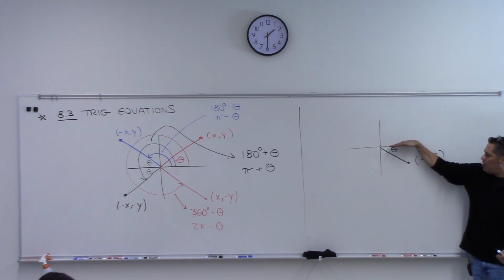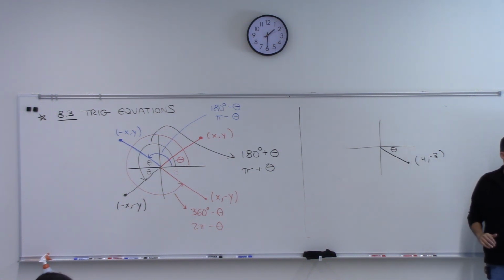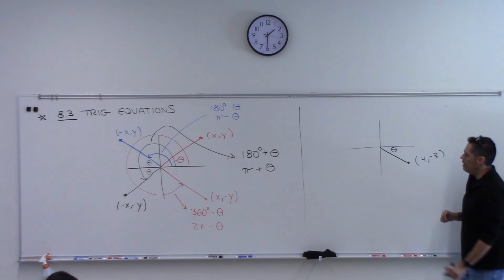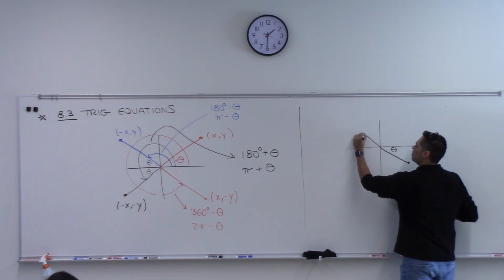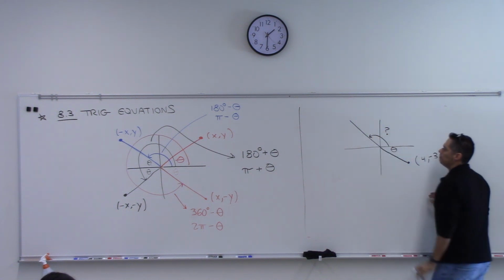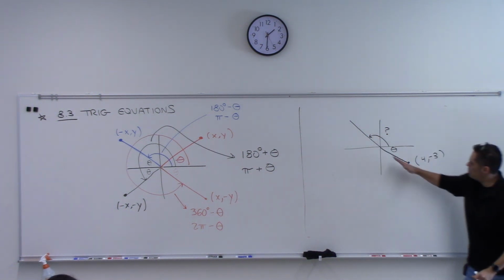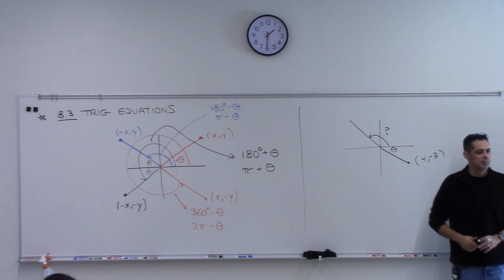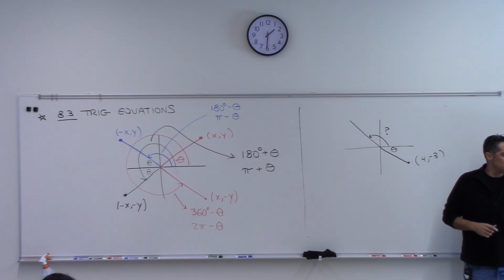The way I have it drawn from here to here, that would be a negative number. So let's just say that we knew what that answer was. Could you figure out, from that, what this angle is? Yes, you should be able to.